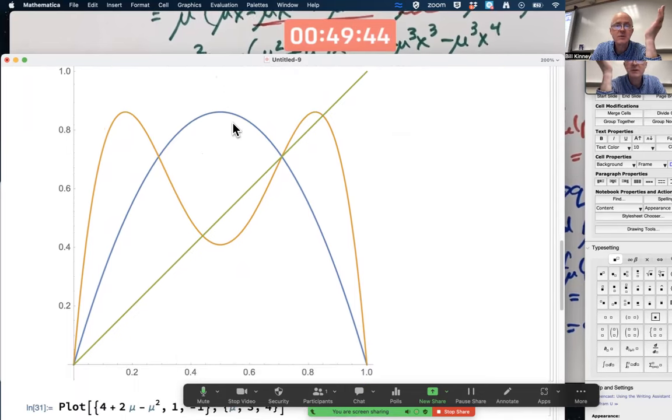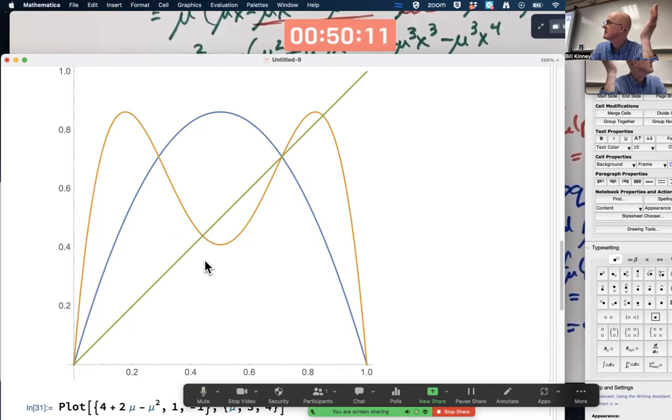Effectively, at that value of mu, this orange graph, which has roots at 0 and mu minus 1 over mu, crosses y equals x at the same place as the blue line. And these 2 points are the period 2 points for F. At this point here and this point here, the slope is -1.